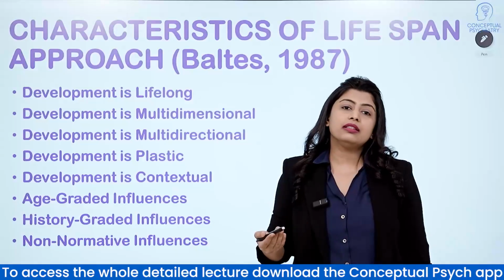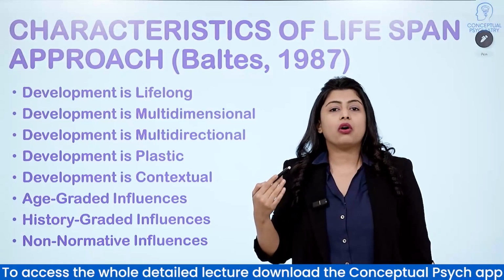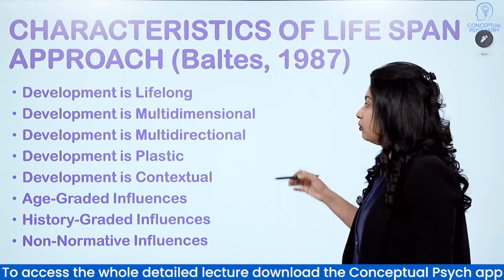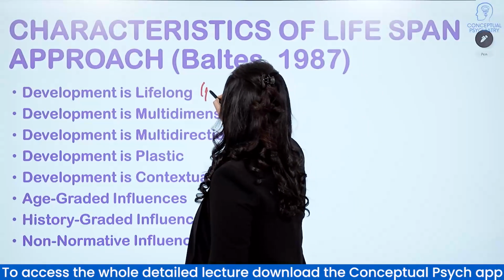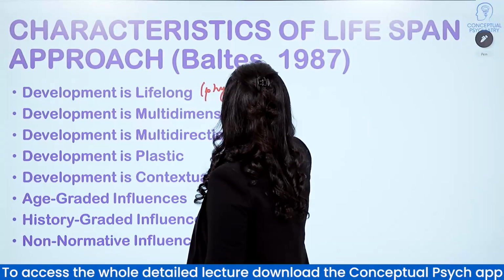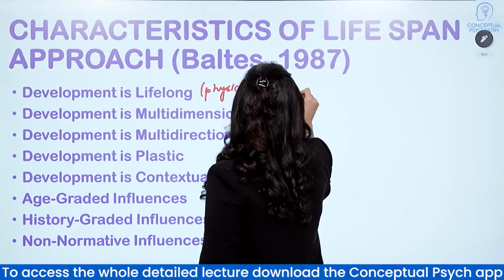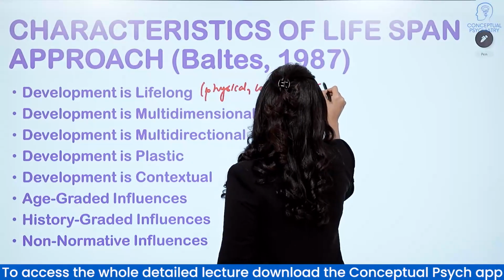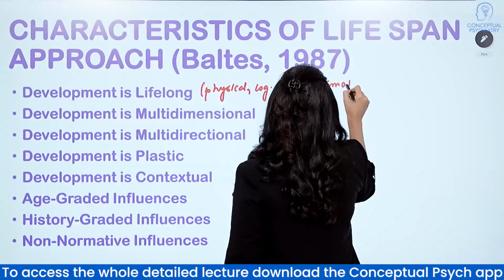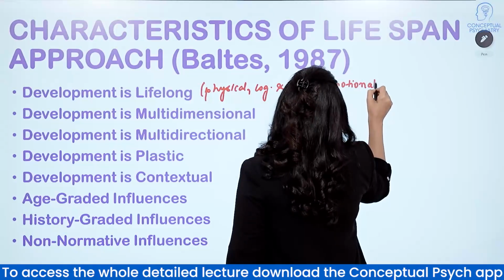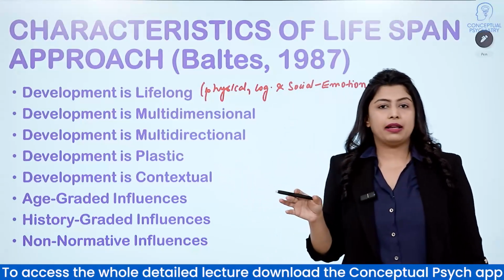Now, what are these domains? These domains are the physical, the cognitive, and the social emotional domains. So, here we are looking at the physical, cognitive, and social emotional domains, which progress throughout the lifespan.